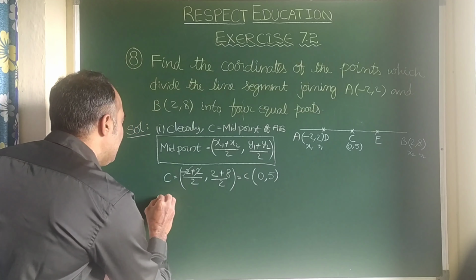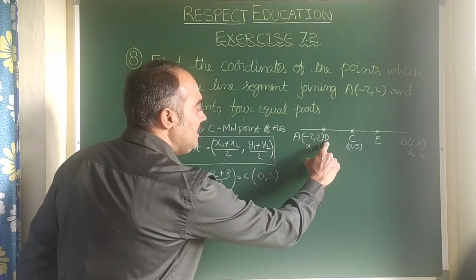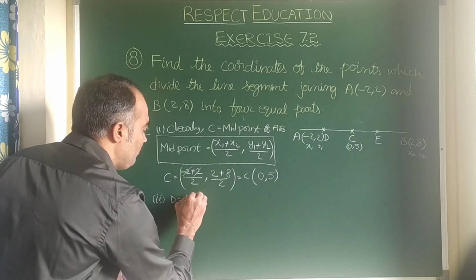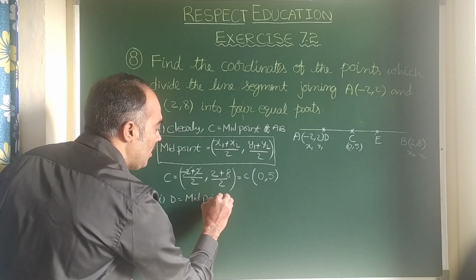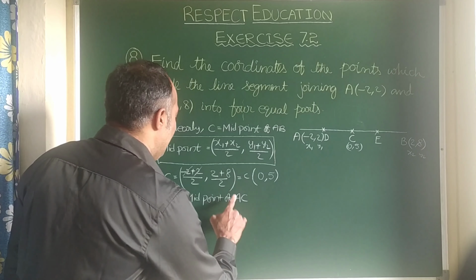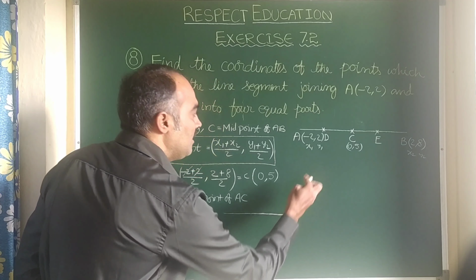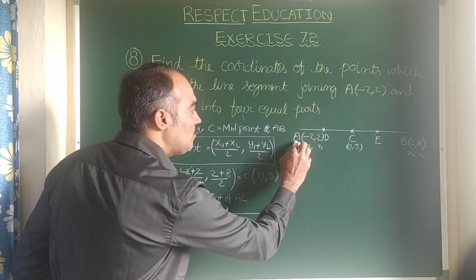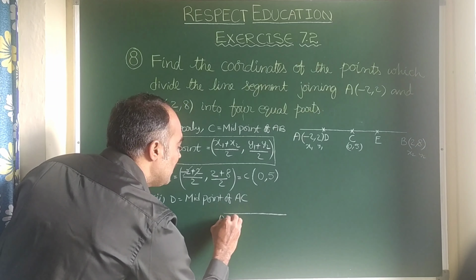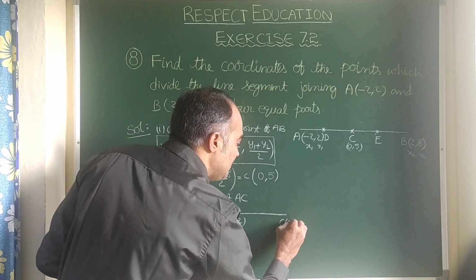Now we enter task 2, that is the second task. D is the midpoint of A and C. So you can write D is equal to the midpoint of A and C. For our convenience, I am drawing the figure up to AC, because we want only AC, and by using that we want only D. So I am writing here A (-2, 2) and C (0, 5).